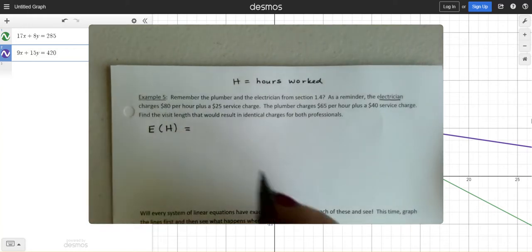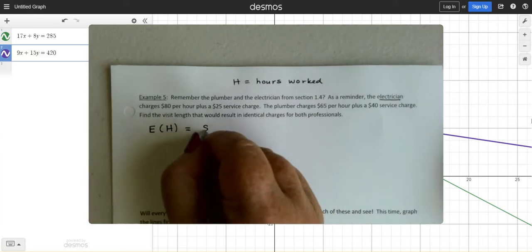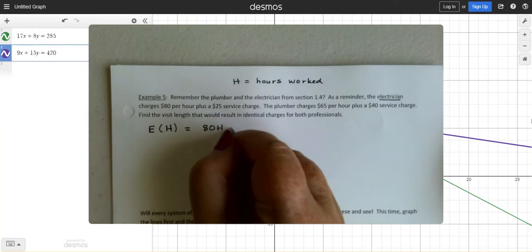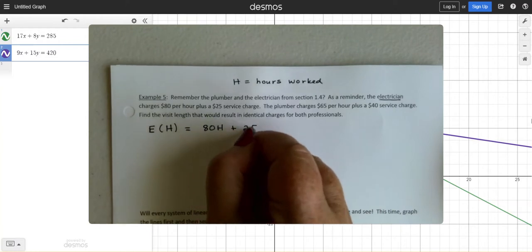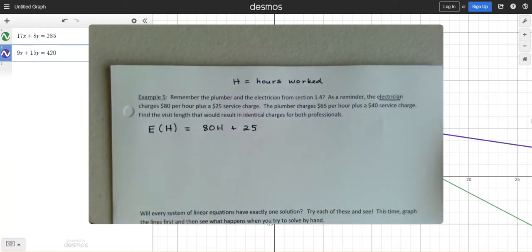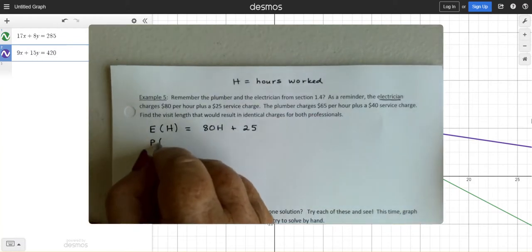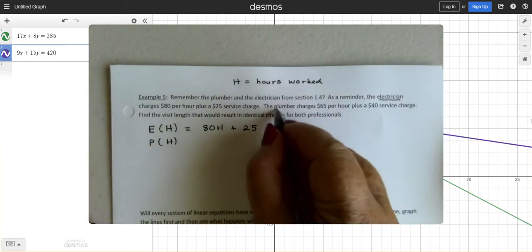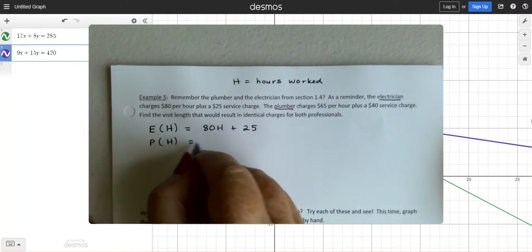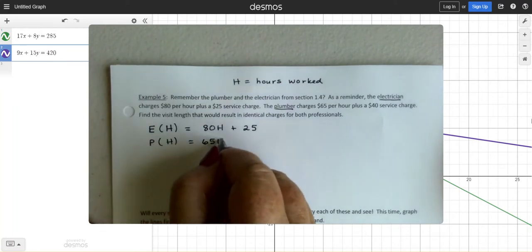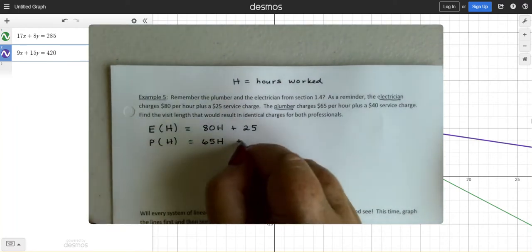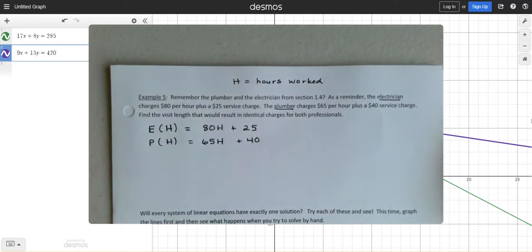And let's see, that was $80 per hour, so 80 times the number of hours, plus no matter what, the $25 service charge. And for the plumber, we'll go with P of H for the plumber. That was $65 an hour, so 65 times the number of hours, plus the $40 service charge.